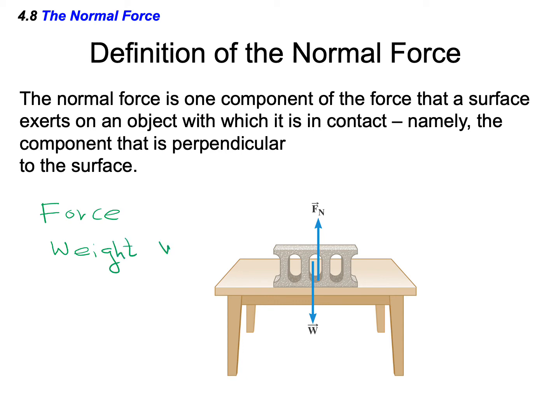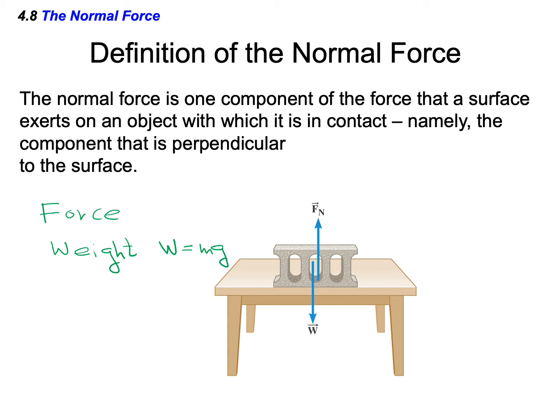Weight, we use W as a notation. Weight is a force on an object due to the gravitational field. It is a gravity force on an object, which is equal to mass times gravity.